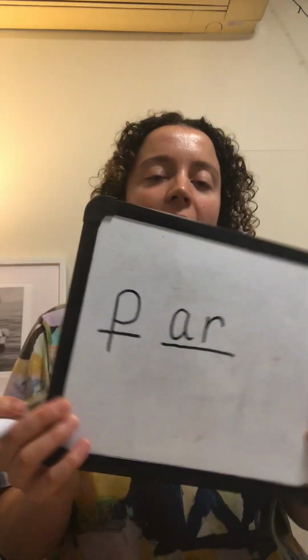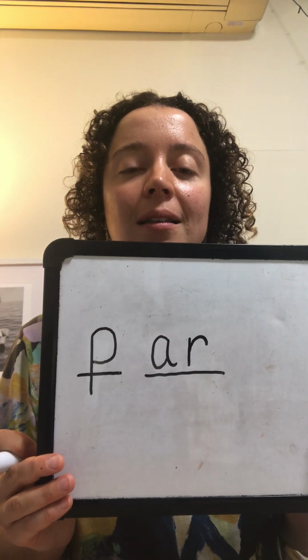Have a guess, have a think. Maybe you know the word park already and you know how it's spelled. That's right. So just showing you here, we have P, ah. That's right. And the last sound is K. That's correct. Now, what letter do I use for K?